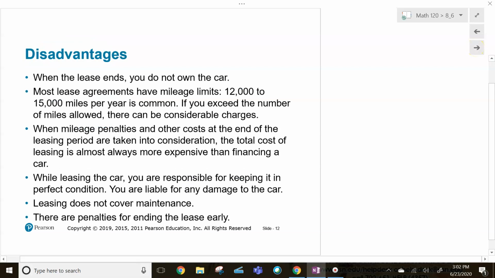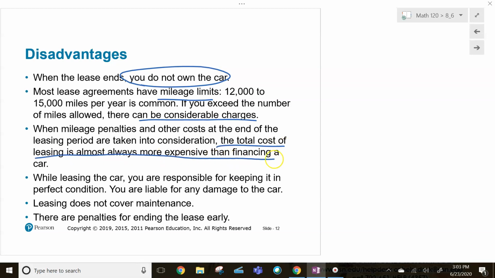So most financial planners, when they run the mathematics behind it, find it's not typically advantageous, because there are some big disadvantages. You don't own the car. You have mileage limits, right? With possibly considerable charges and mileage penalties for that.